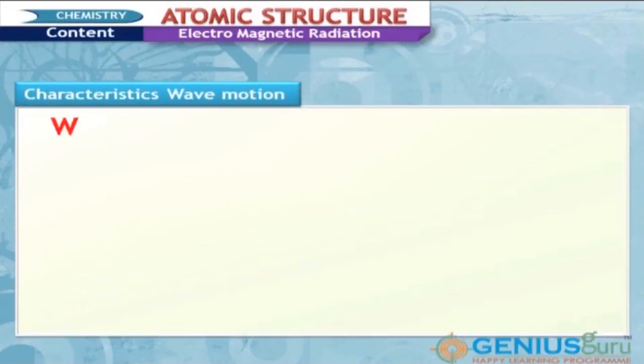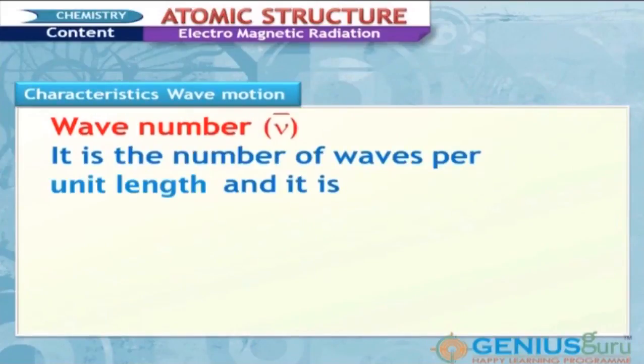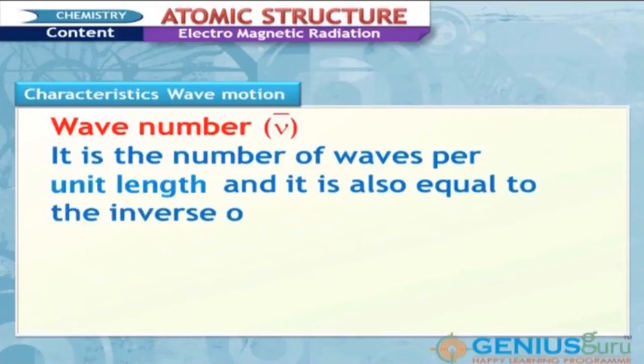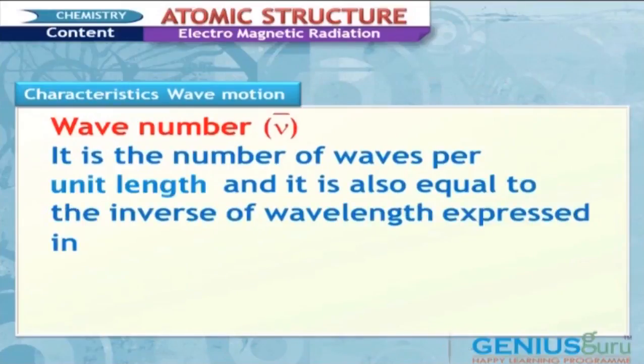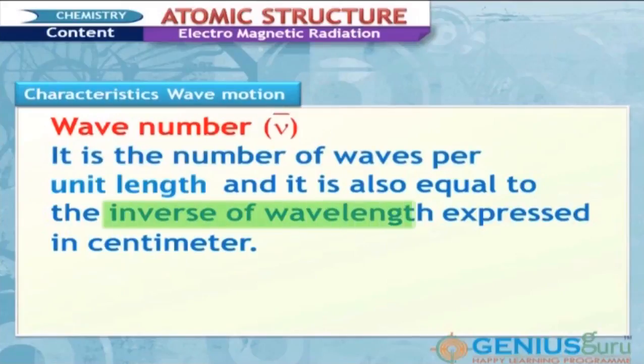Next aspect is wave number. This wave number is represented with nu bar, pronounced as nu bar. It is defined as the number of waves per unit length, and it is equal to the inverse of wavelength expressed in centimeters. So it has two definitions: first, the number of wavelengths per unit length, and second, the inverse of the wavelength.